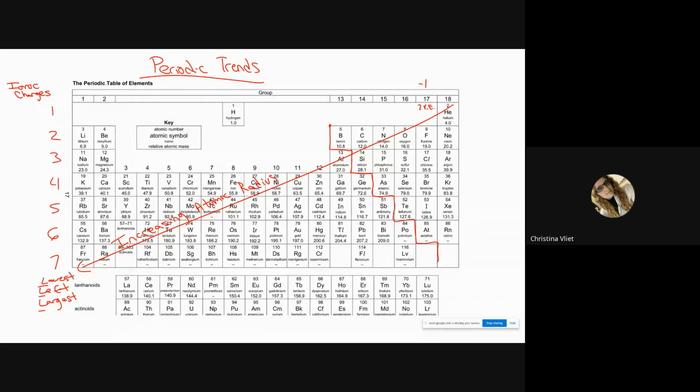Does that make sense? Because it has 7, wants 8, needs to gain 1. Electrons are negative. So if it gains 1 negative, it's going to be -1 or 1 minus. That means fluorine as an ion exists as F-1. Chlorine as an ion exists as Cl-1. Always. That's their natural form.